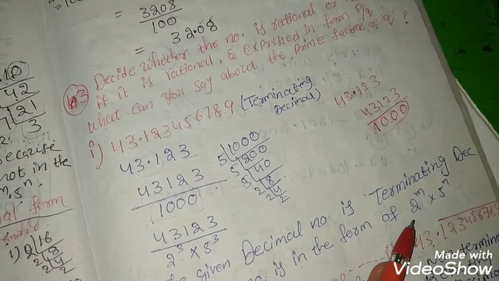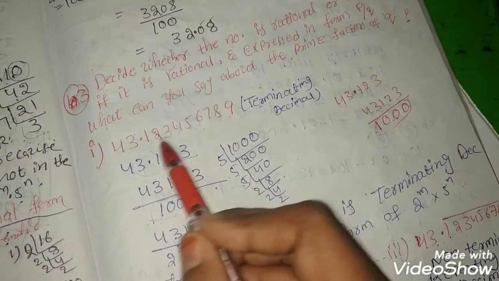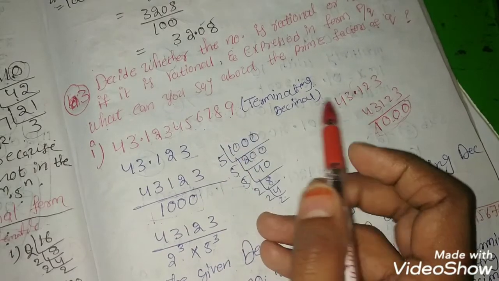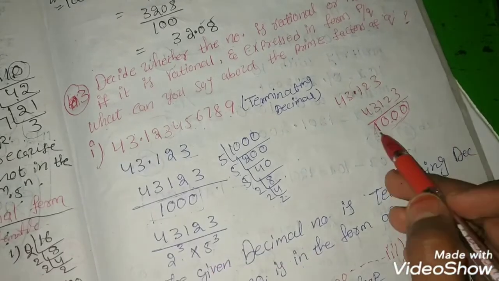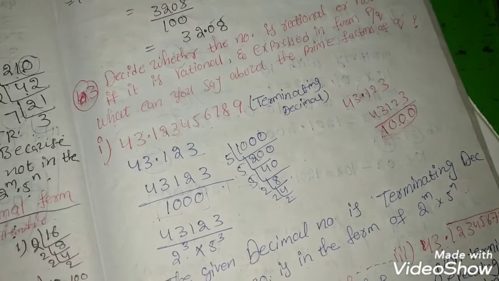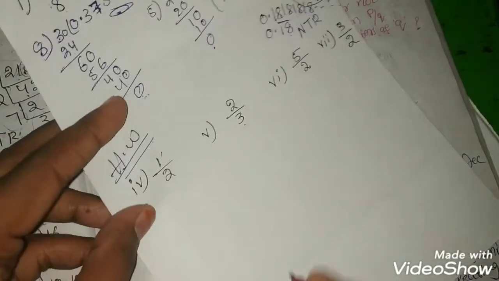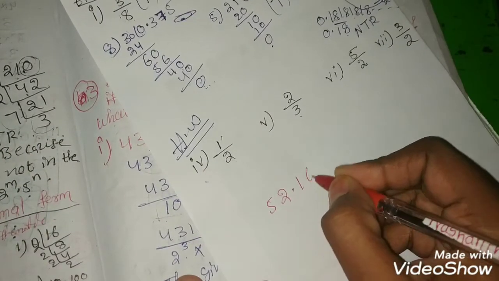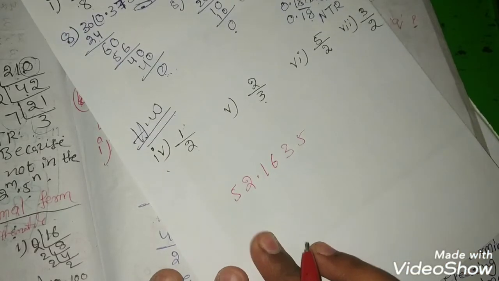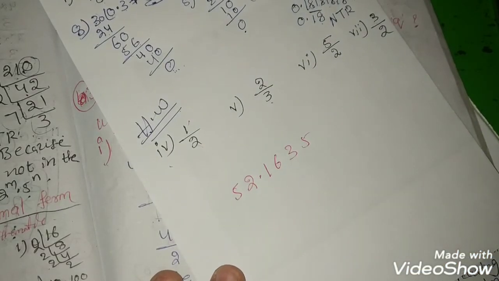Understand? No need to write all these, 1, 2, 3, up to 9. Just take it from here. Do you know how to convert this? I'm explaining this further. If you have 52.1635, you have to convert it into fractional form.